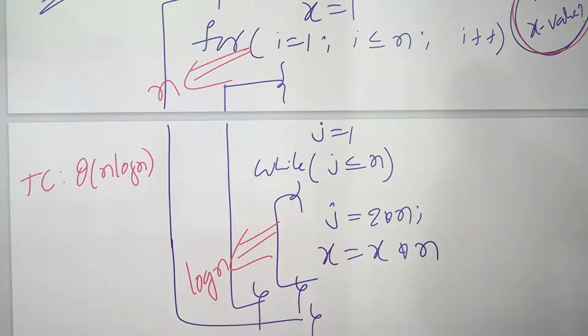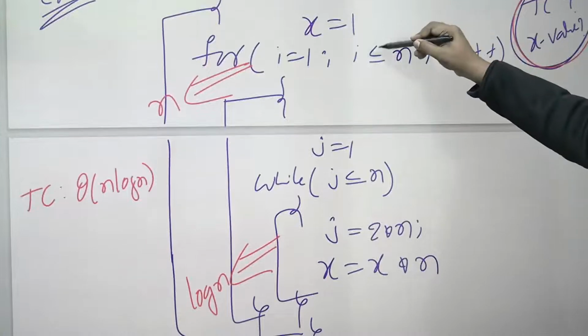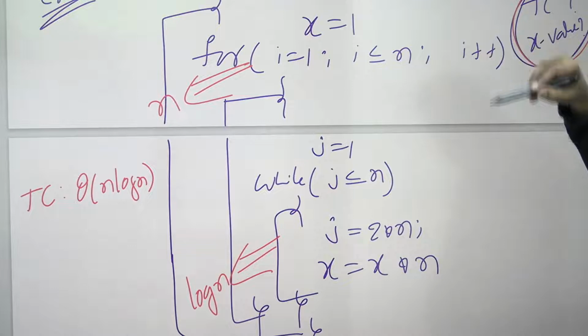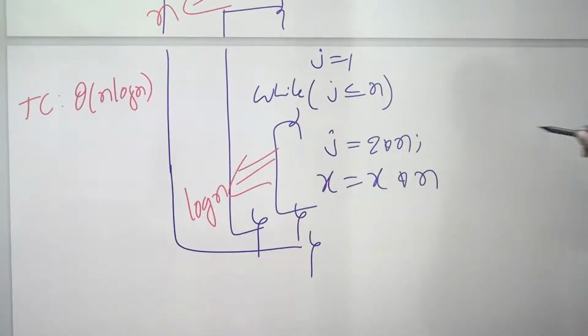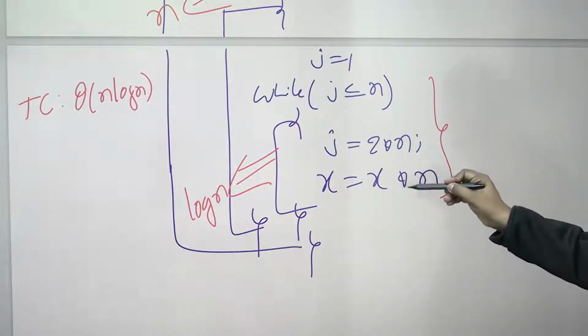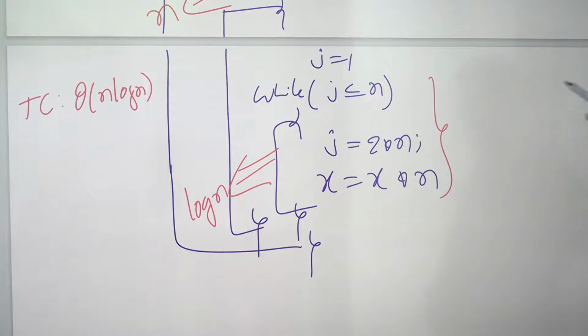If you observe clearly, when i is equal to 1, you came inside j. See what is happening. Whenever this loop is going on, every time x is multiplied by n. What is the meaning? The x value is initially 1.